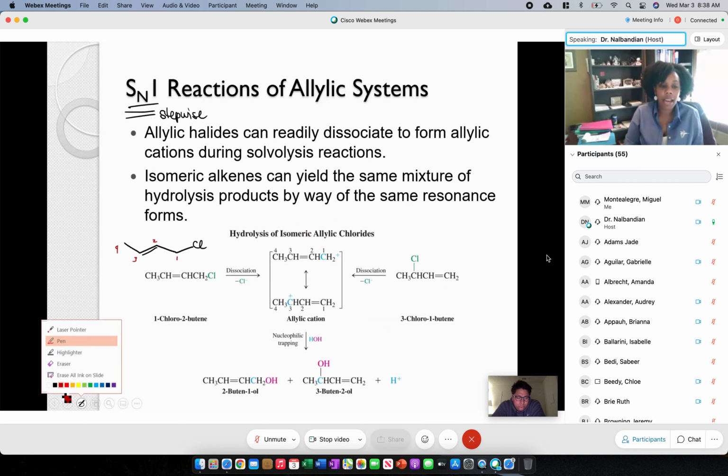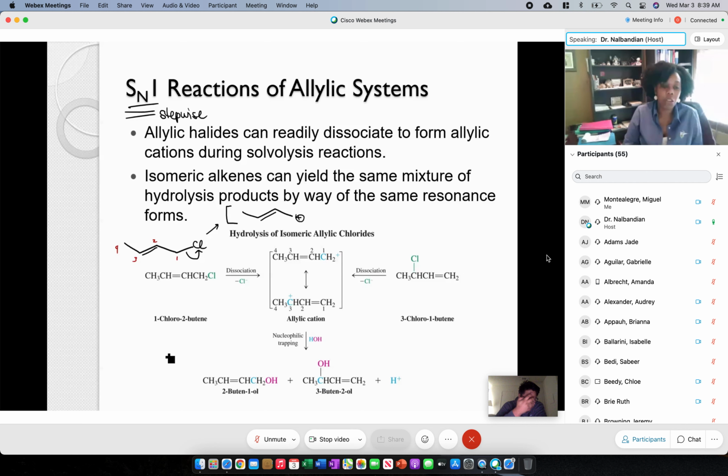So in this reaction here, the first step always is our leaving group leaves, right? That's our first step for this SN1. And so here, if our leaving group leaves, we end up with this intermediate where we have a positive charge on carbon 1, and we have a double bond still between carbons 2 and 3.